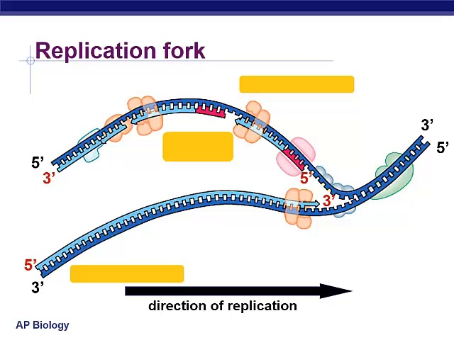RNA primer allows DNA polymerase 3 to attach. DNA polymerase 3 can only build a new strand in a 5' to 3' direction. So on one strand, it is building continuously. This strand is known as the leading strand. On one strand, it is building discontinuously. This strand is known as the lagging strand.